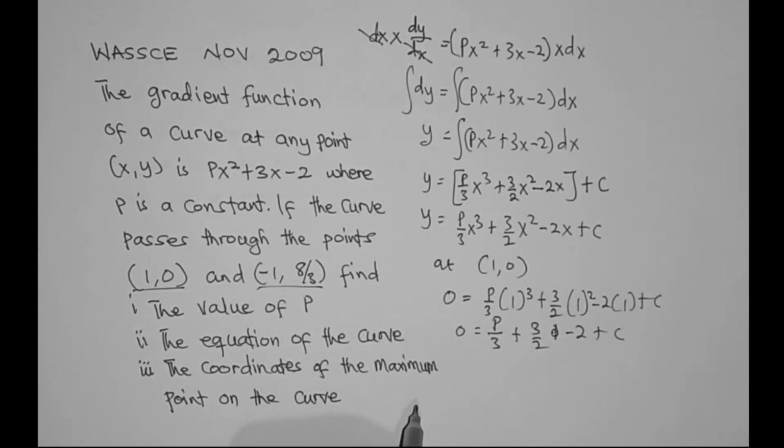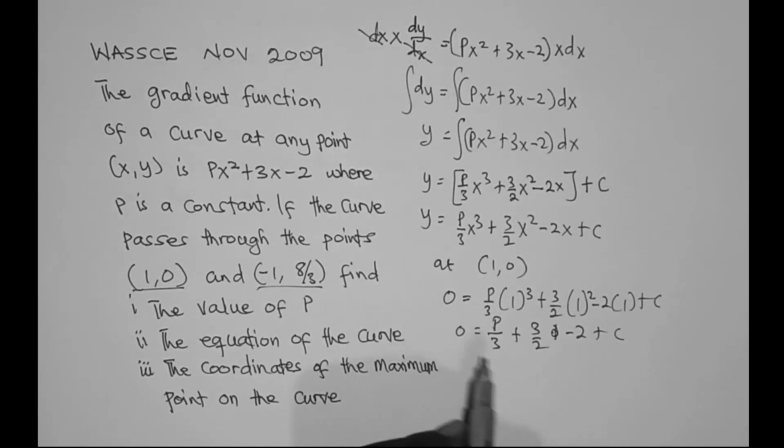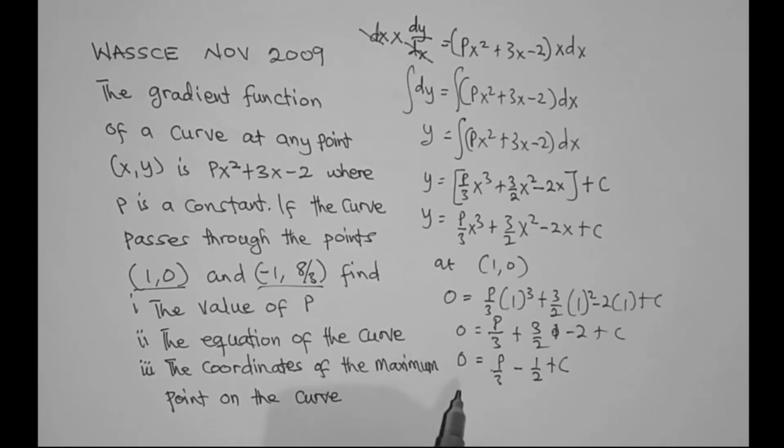So 3 over 2 minus 2 is equal to minus 1 over 2. So 0 is equal to p over 3 minus 1 over 2 plus c.